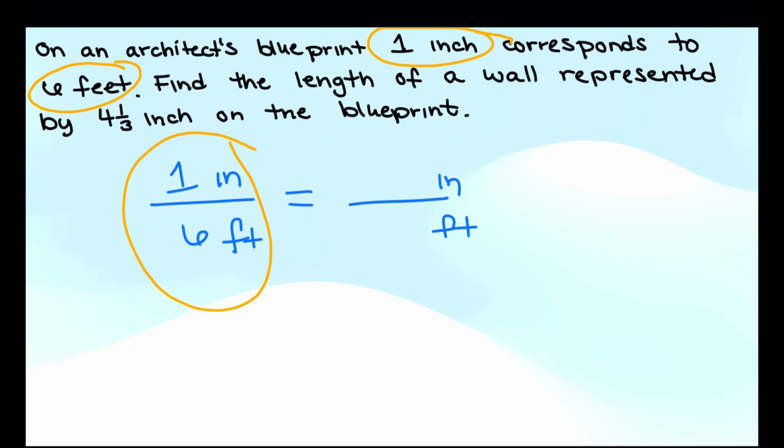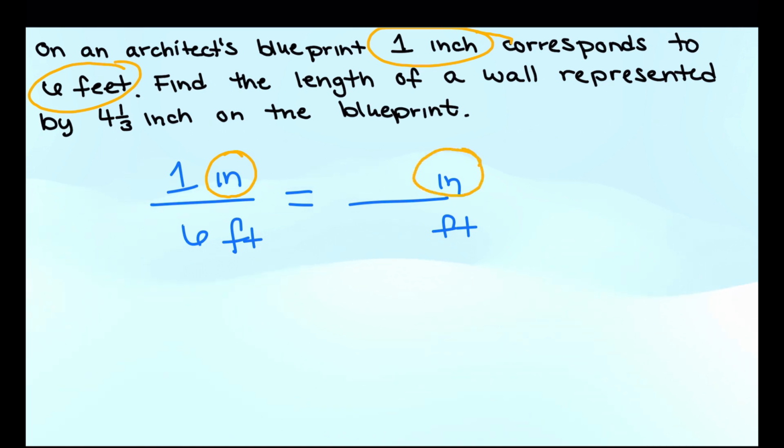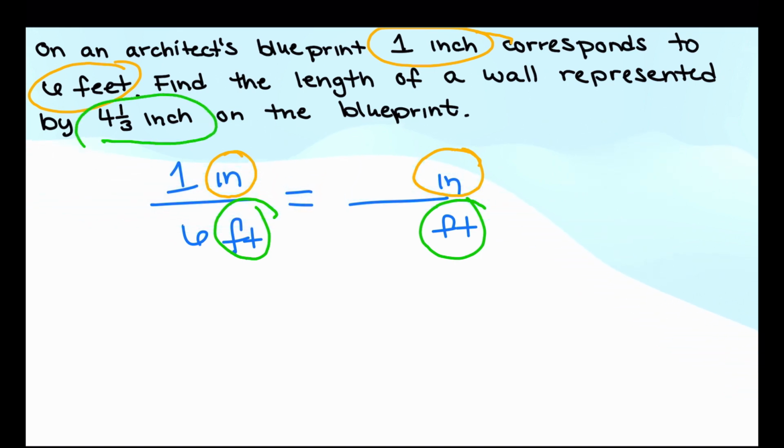Notice that I wrote down the units as well. That's because when I write down the other side of my proportion, the units have to be the exact same. So since I put inches on the top on the left, I have to put inches on the top on the right. Feet are on the bottom on the left, so feet go on the bottom on the right. Now the problem says find the length of a wall represented by 4 1/3 inches.